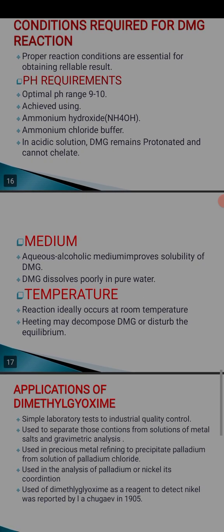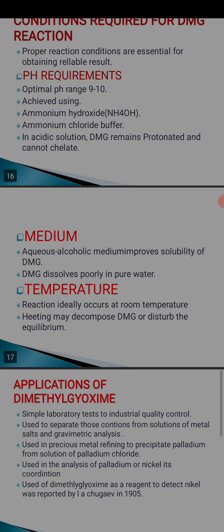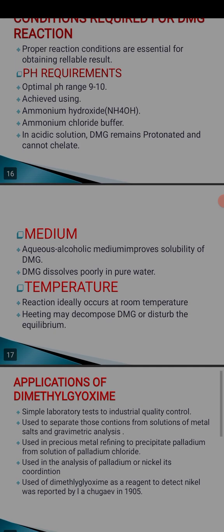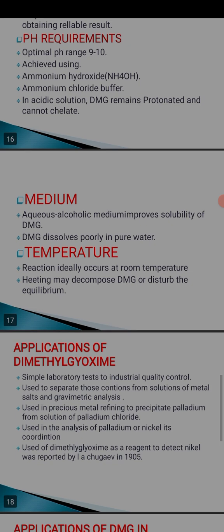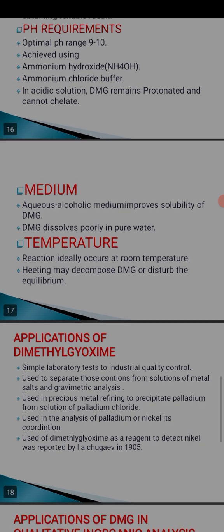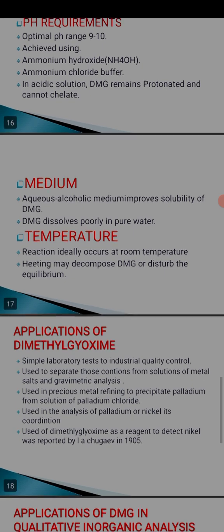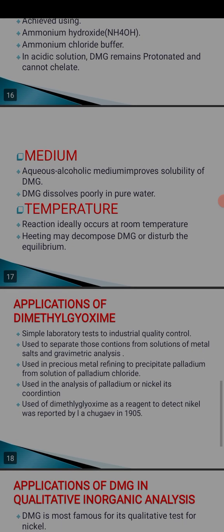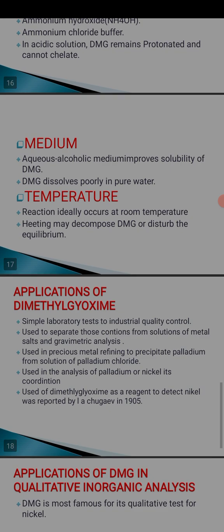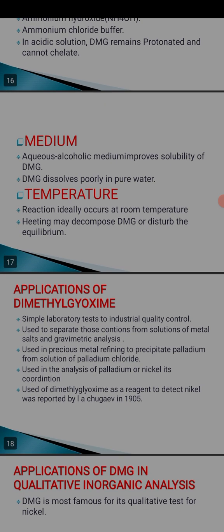The conditions required for the DMG reaction: proper reaction conditions are essential for obtaining reliable results. pH requirements: the optimal pH range is 9 to 10, achieved using ammonium hydroxide, ammonium chloride buffer.